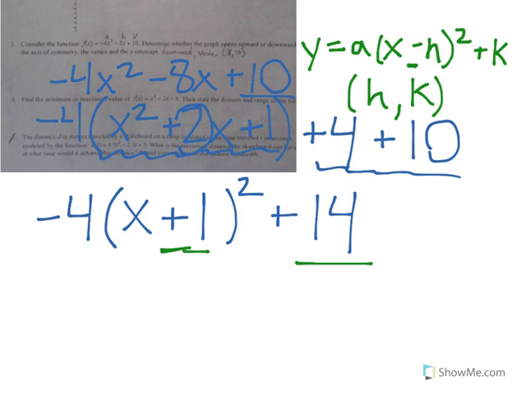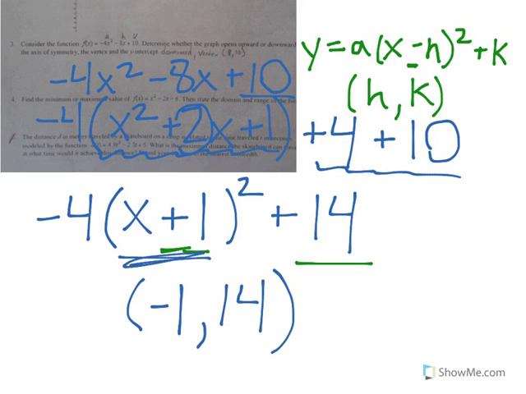So my h isn't going to be 1, my h is going to be negative 1, because this here is the same as x minus negative 1. And I want my h-k form to look like x minus h. So h is negative 1, k is 14. That's my vertex.